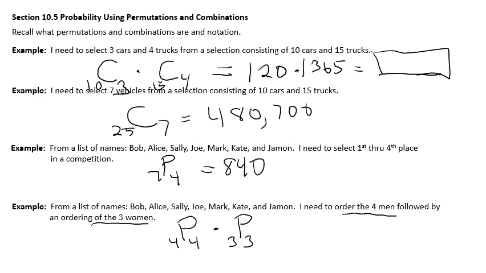Then I'm going to follow this by an ordering of the 3 women. So order your men, then order the women, then do your math, and you will see that you got 24 times 6, and again, you do the math. All right, moving on to the next screen.